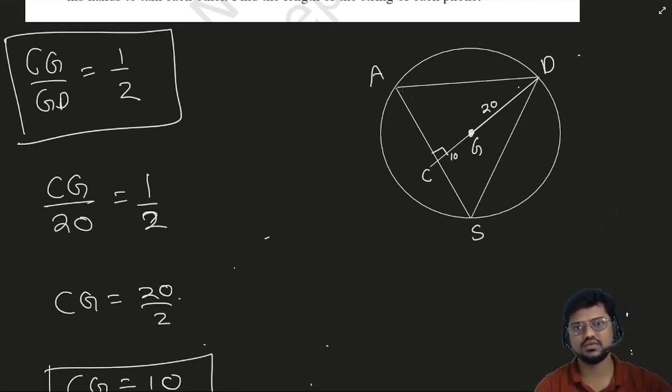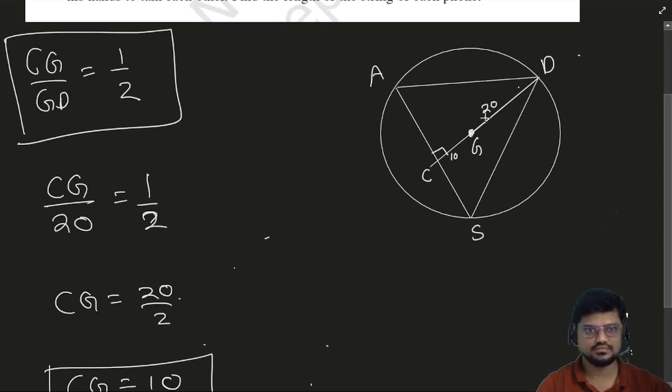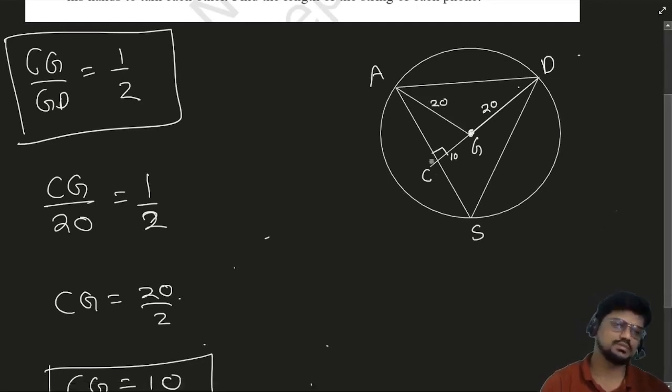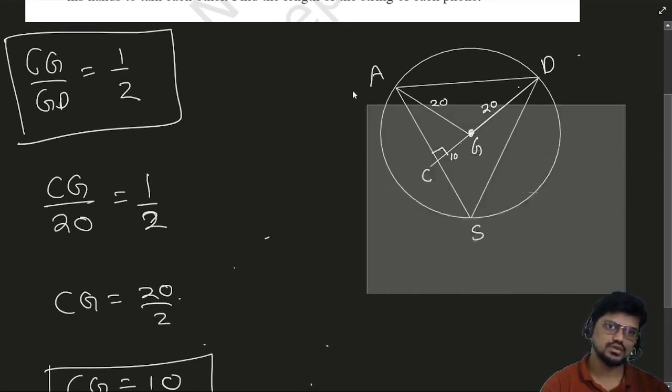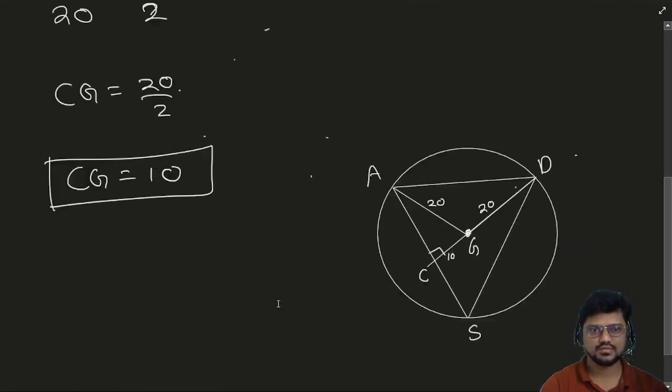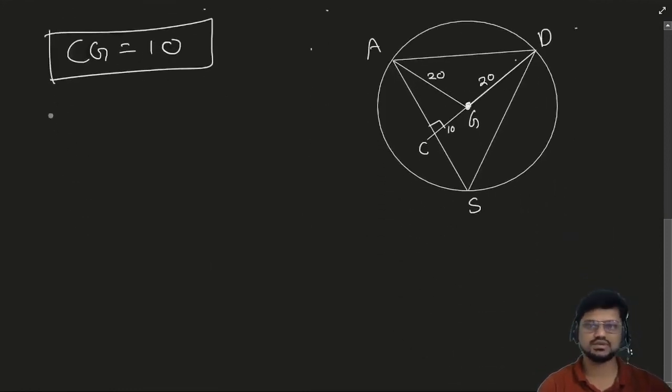Okay, if I draw a line over here, I know that this is 20. So can I get AC by using Pythagoras? Yes, I can get AC using Pythagoras.